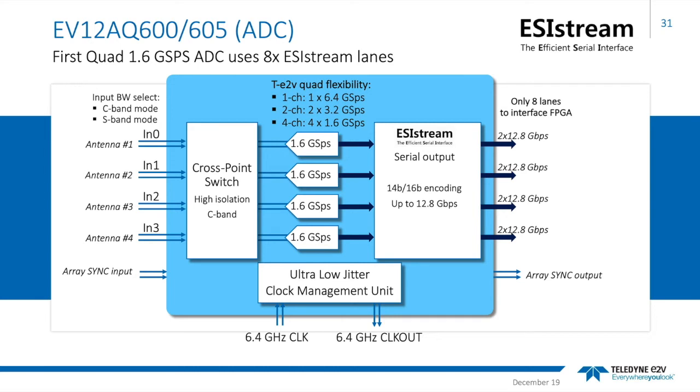In the center of the IC, you'll see the 4 independent ADC cores, each of which is then connected into the ESIstream encoding block. The device features an ultra-low jitter clock management unit. This device provides data output over 8 serial data lanes. Each support a data rate up to 12.8 gigabits per second.